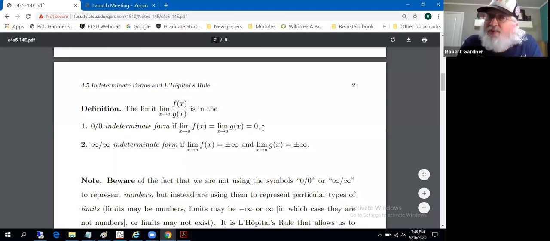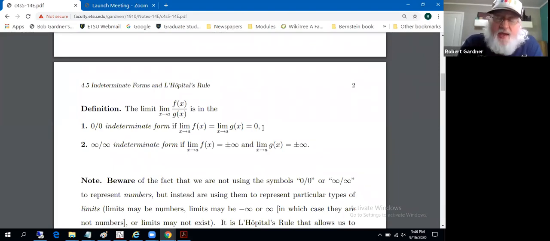So if the numerator and denominator both have limits of 0, then this is a limit of the 0 over 0 indeterminate form. The limit is of the infinity over infinity indeterminate form if the limit of the numerator is plus or minus infinity and the limit of the denominator is plus or minus infinity. So both numerator and denominator go to infinity in a limit.